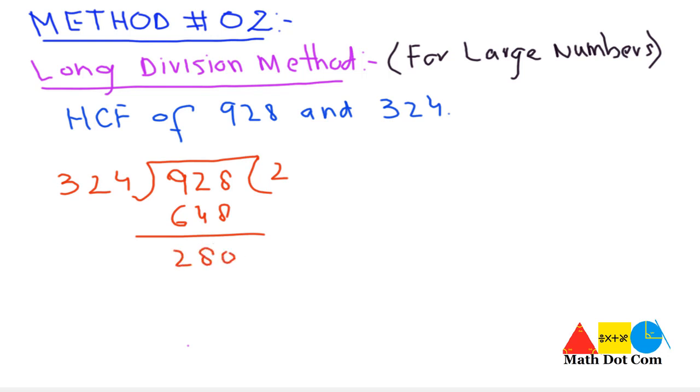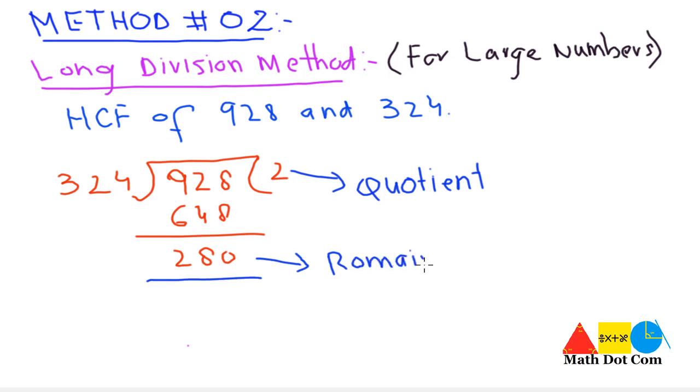Now here we discuss a few terminologies so that you can easily understand the concept of this method. This is called the quotient. This is called the remainder. This is called the divisor.